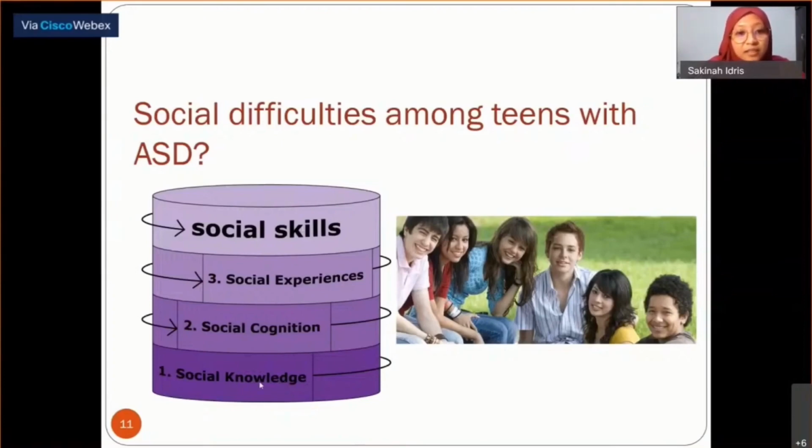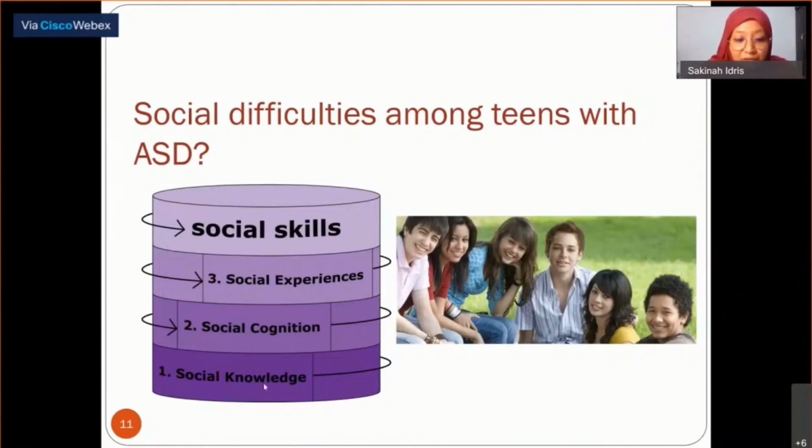The first thing that a person, whether you have ASD or social learning problems or you're trying to make friends, needs to master is social knowledge. You need to know how to talk to a group of friends, to slip into a social interaction or conversation with a group of people. So social knowledge is important.